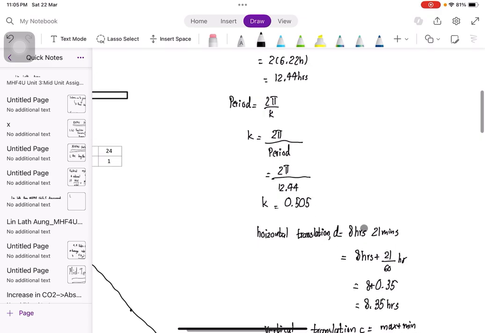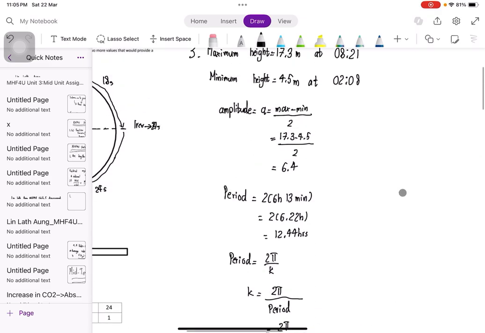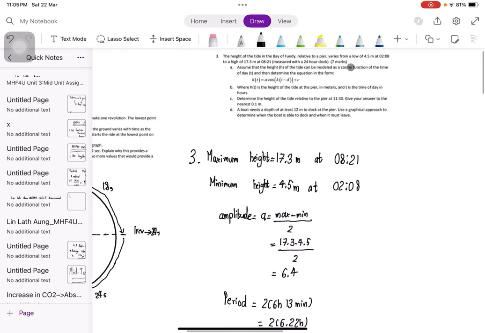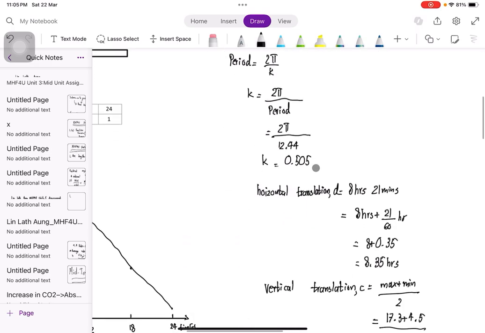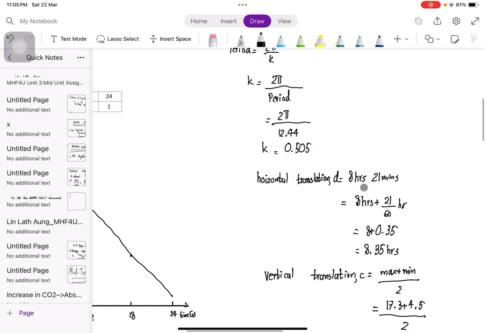And the horizontal translation, as we have seen here, is that it varies from a low of 4.5 to 17.3. So there is indeed a horizontal translation, and this is going to be in the form of time. So here, the graph tells us about the time. So the graph possibly shifts to the right.